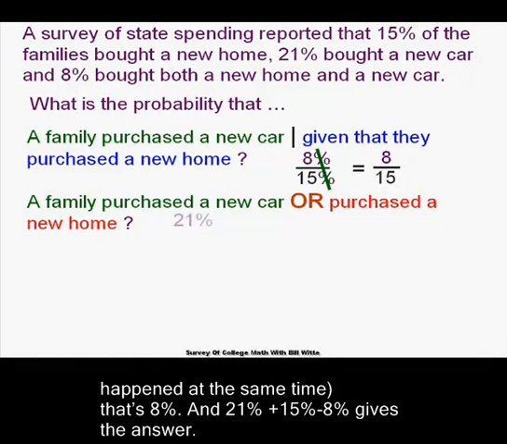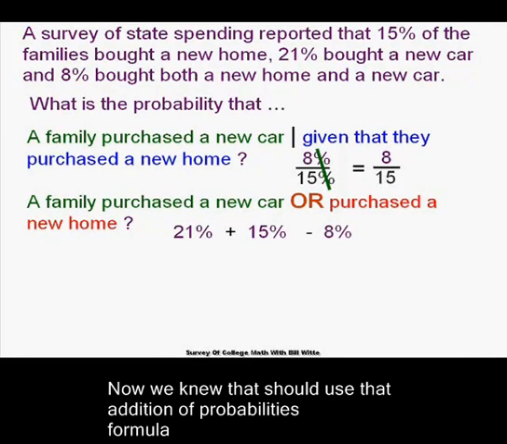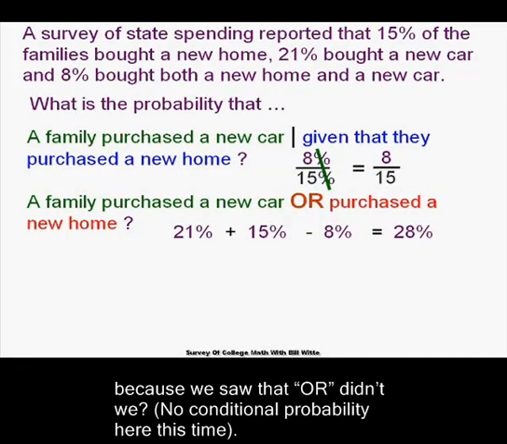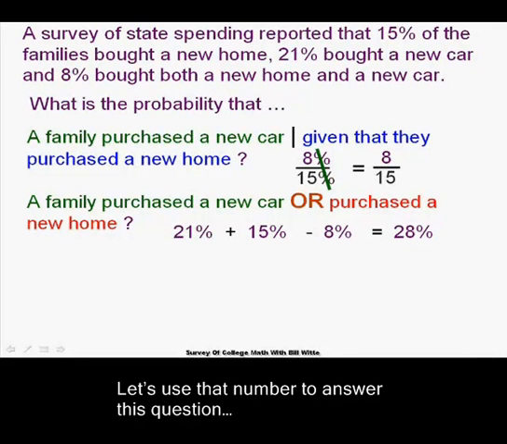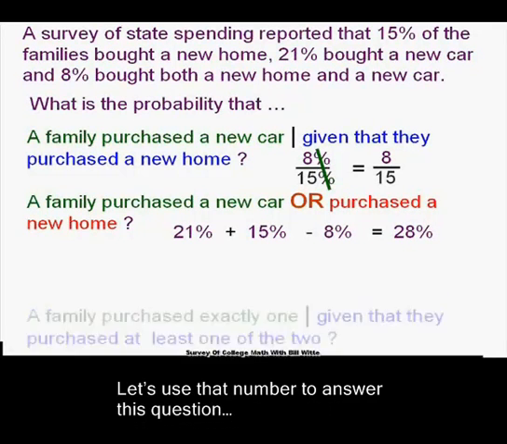Once again, 21% plus 15% minus 8%. Now, we knew that we were going to use that formula because we smelled that or, didn't we? And that comes to 28%. That's the probability that they did one or the other. We're going to use that number to answer this question.